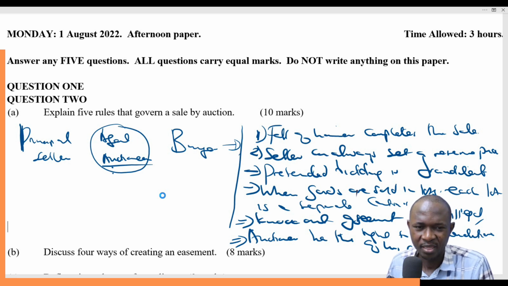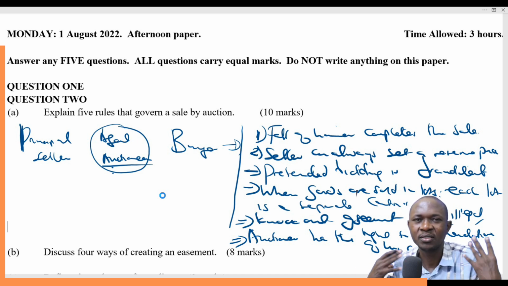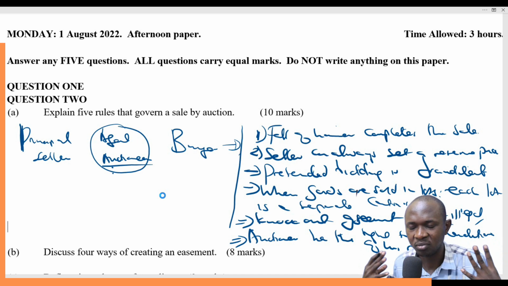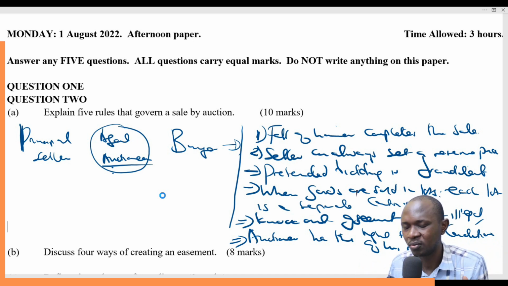So that means he has the right reserved to him, and he can choose. It's a privilege that has been set for him. That also goes on as one of the rules, that the seller can reserve the right to bid. That is one of the rules also that we can work with here.